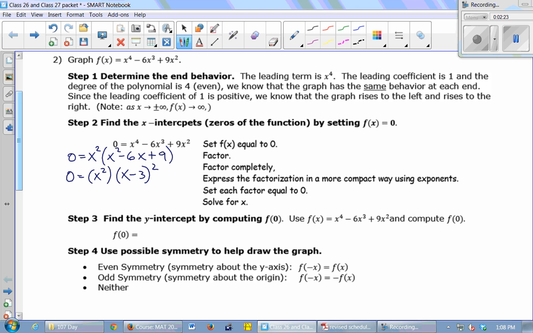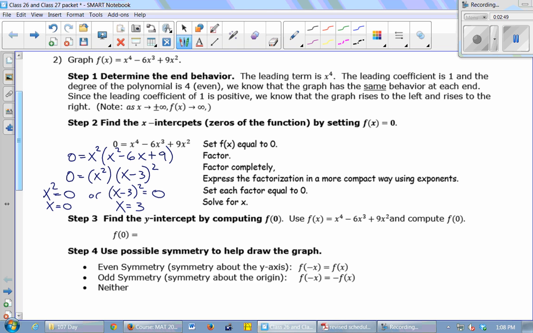And then set each factor equal to 0. So either x squared equals 0, which means x is 0, or x minus 3 squared equals 0, which means that x equals 3. Now, what is the multiplicity of each of those zeros? 2, yes, because they were factors twice.